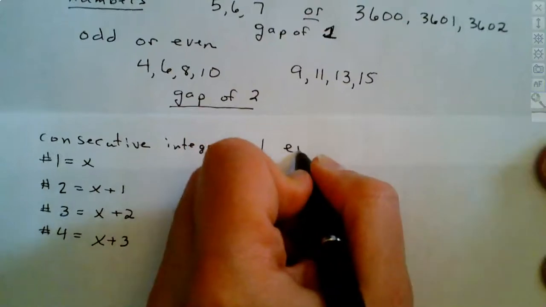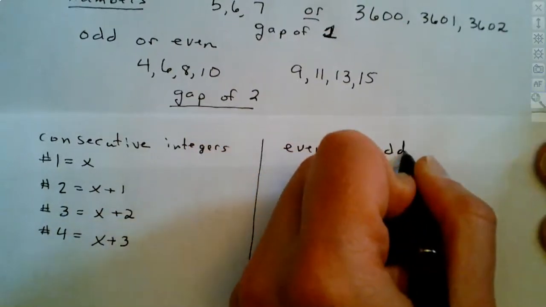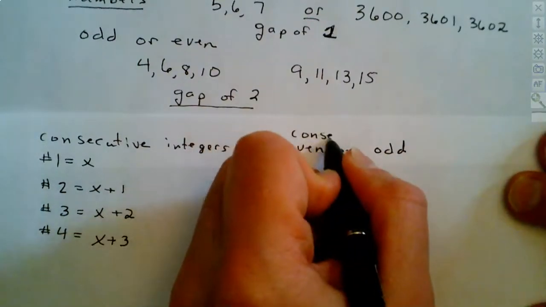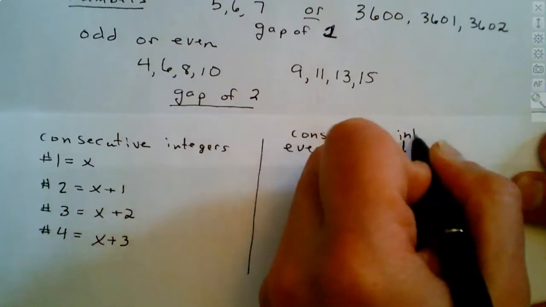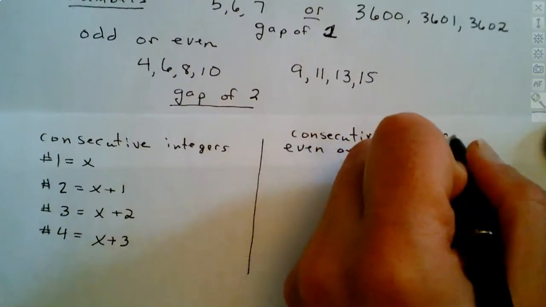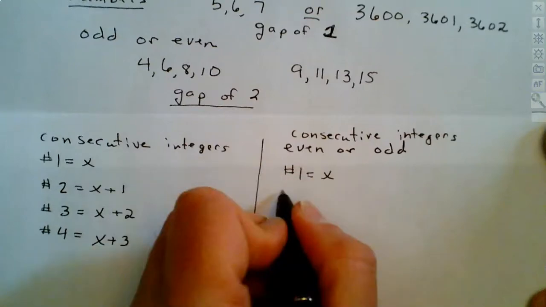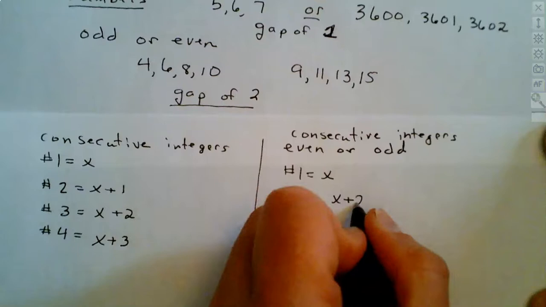Now what about even or odd? Well, even or odd consecutive integers have a gap of 2. So my first number would be x again. Second number is x plus 2.